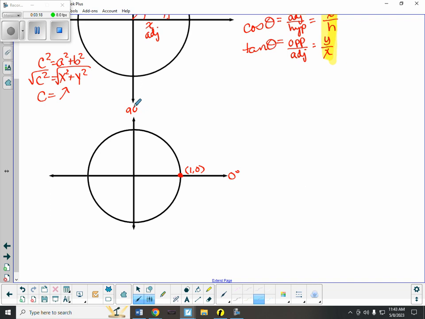At 90 degrees, we would go over 0, up 1. At 180 degrees, we have to go back 1, so negative 1, 0. And at 270 degrees, this coordinate would be over 0, down 1.